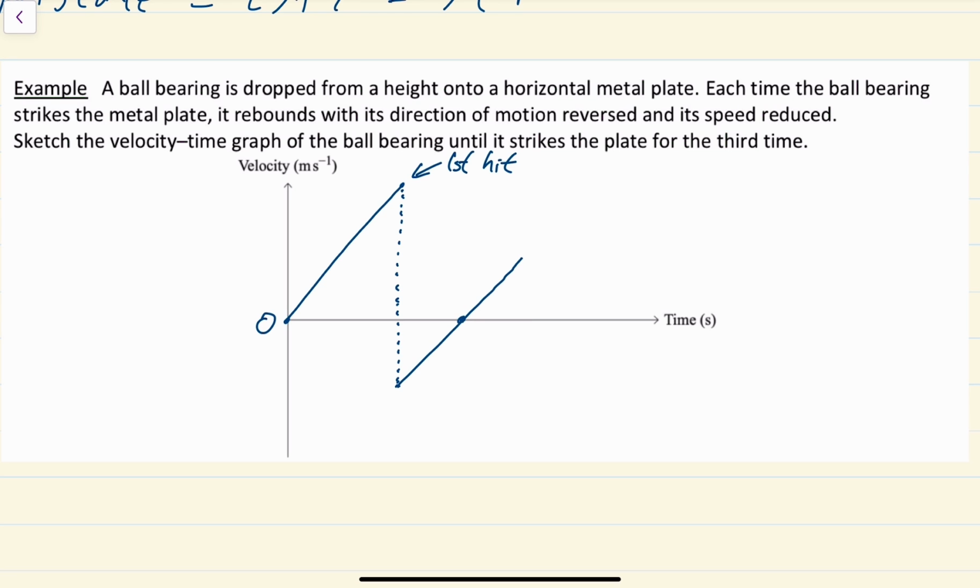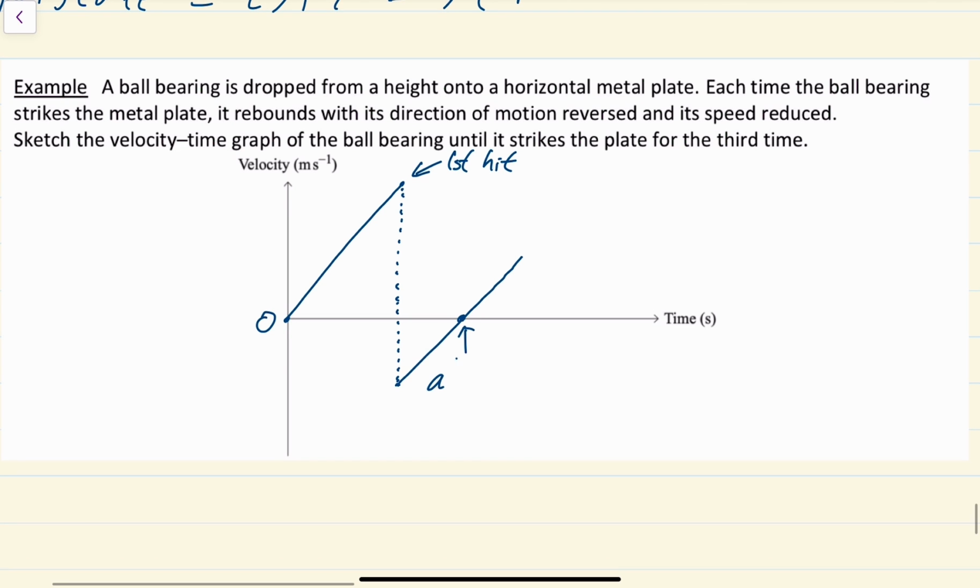So at this point, my speed is 0. This would be at the maximum height. Okay, and then this is going to be my second hit, so it hits the ground another time. Do your vertical line. Remember, it's changing direction, so don't go all the way down as far.